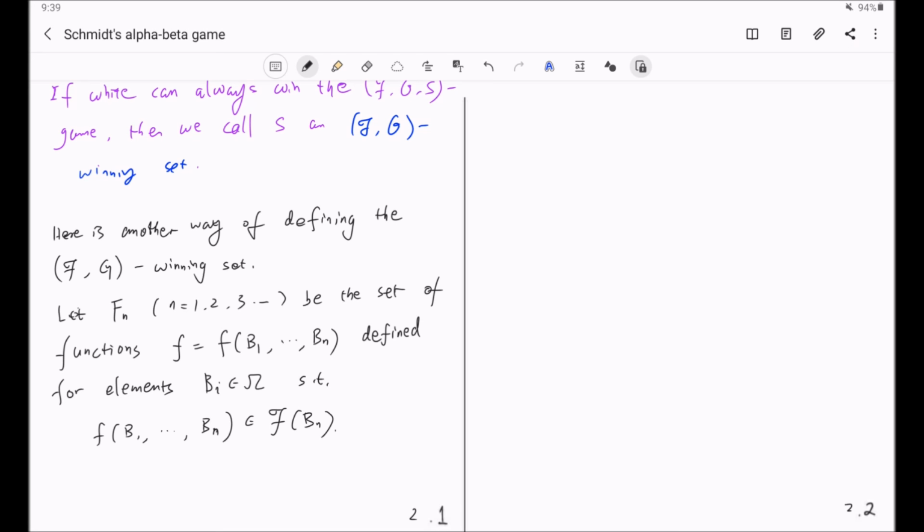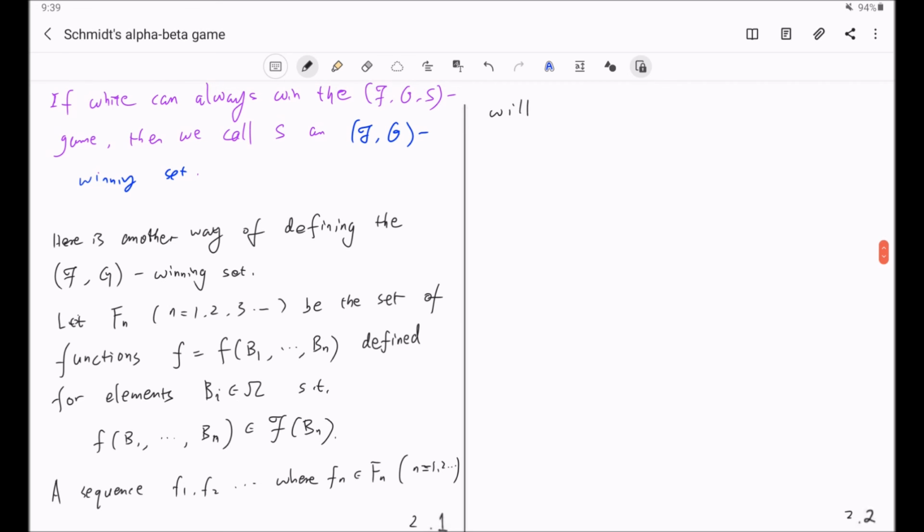Now, a sequence f1, f2, and so on, where f sub n is in capital F sub n, will be called a strategy.